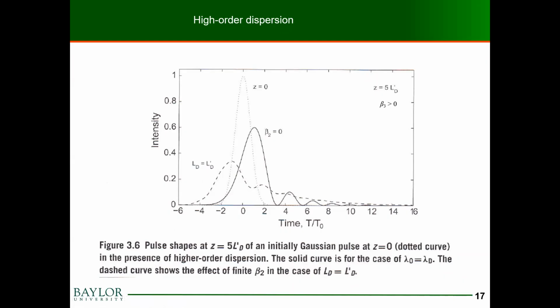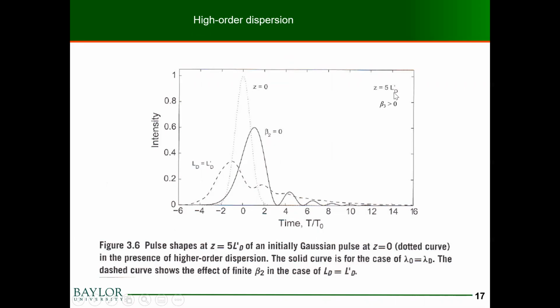As I explained, there are people from the physics department, engineering, and mathematics all working together, so you can see different notation in different materials. Just remember beta 2 is the K naught double prime and beta 3 is the K naught triple prime. When z equals 0, it is a nice Gaussian shape.